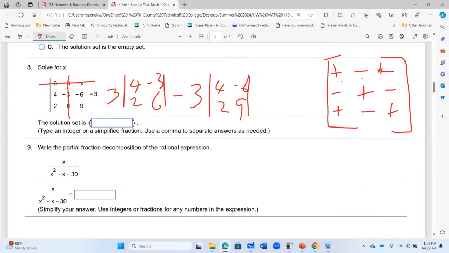All right, then the next one is plus, and the position is x. So I'm going to put x here, and then let me draw the vertical line.